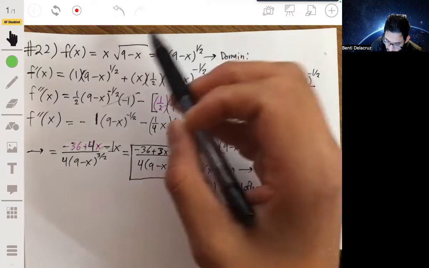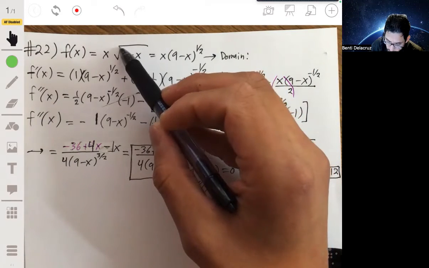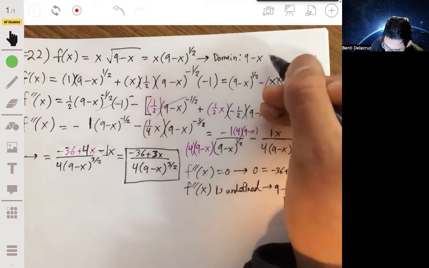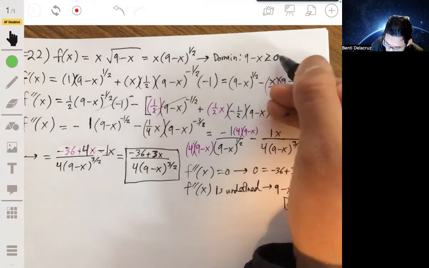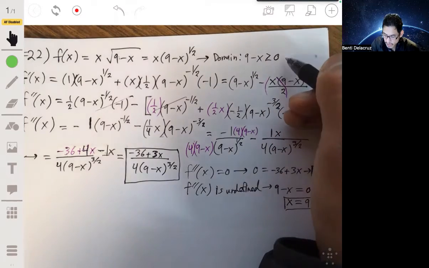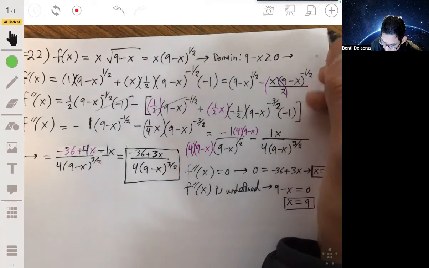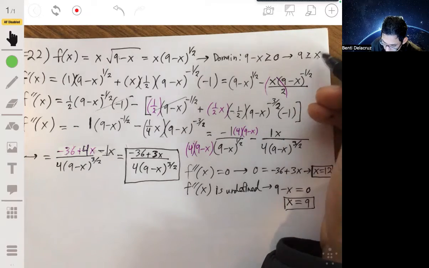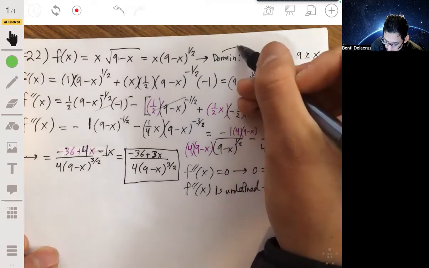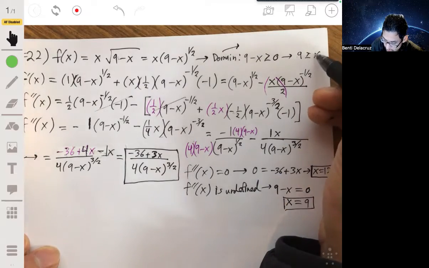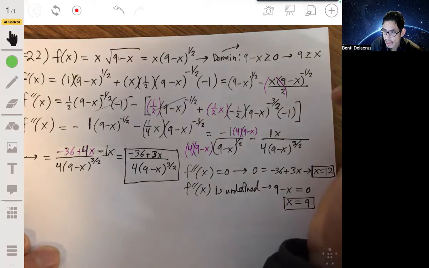Since we're taking the square root, we need 9 minus x to be at least 0. So the domain only consists of x values that satisfy this, which means 9 is greater than or equal to x, or that the domain will be from negative infinity to 9.